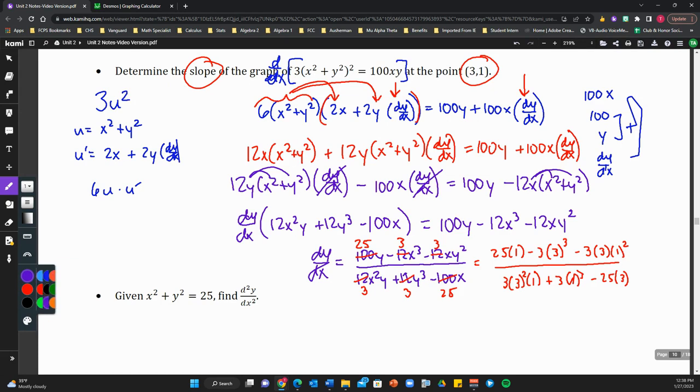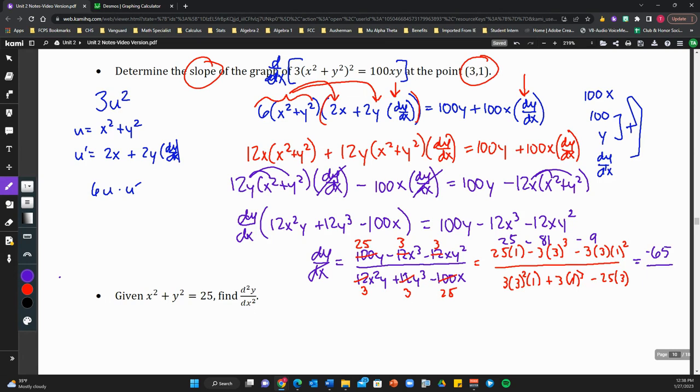All right, so let's do a little bit of that math. 25 times 1 is 25. 3 cubed times 3 is 3 to the 4th, or minus 81. 3 times 3 times 1 is minus 9. So this is really 25 minus 90, or negative 65 up top.